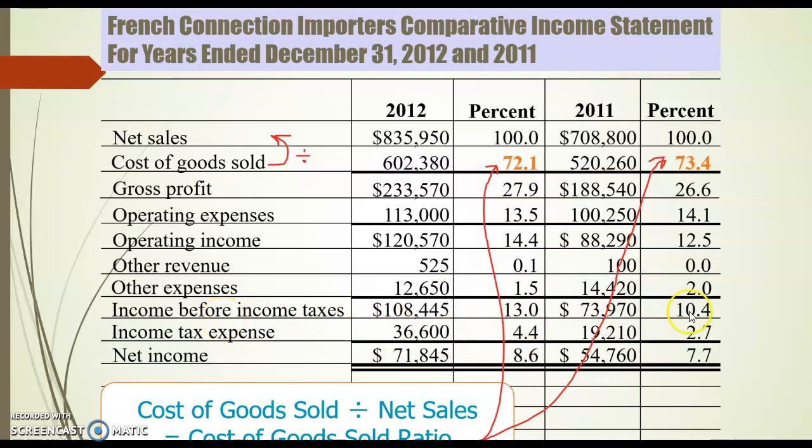Okay? And so the next one we'd probably look at is net income. It went significantly from 7.7% of sales to 8.6% of sales. Part of it's due to the cost of goods sold not coming up as high, the operating expenses going down, etc. Those help to make these numbers come up.